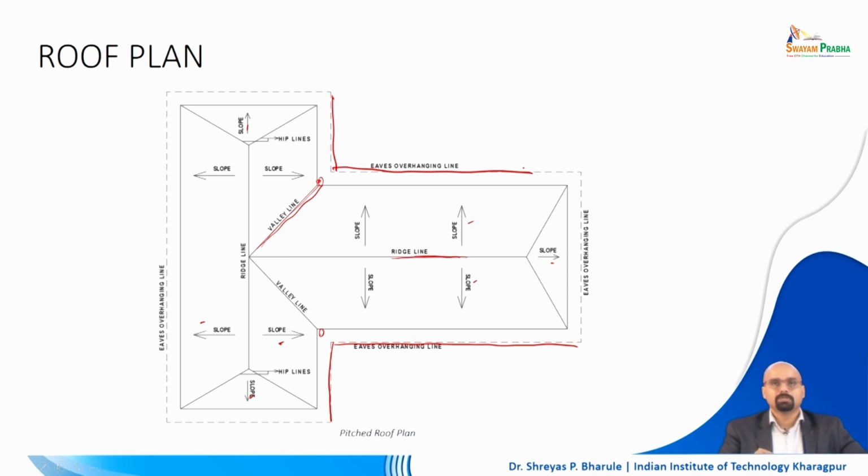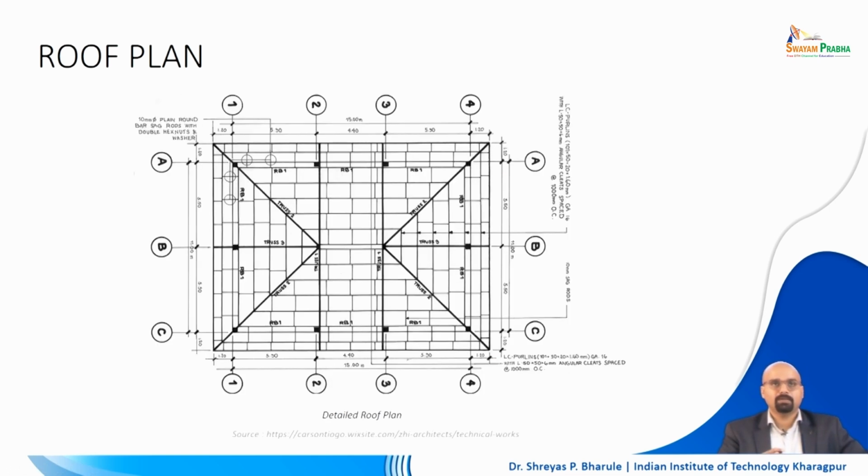Okay. So, this is something which comes in part of representation, right. When we go to the structural consultant, this whole thing might get converted into this. This is just a part drawing of one of the gable roofs, which is a hip roof which we may have.